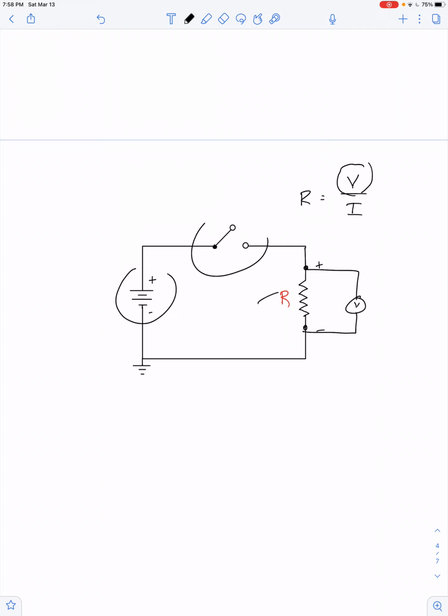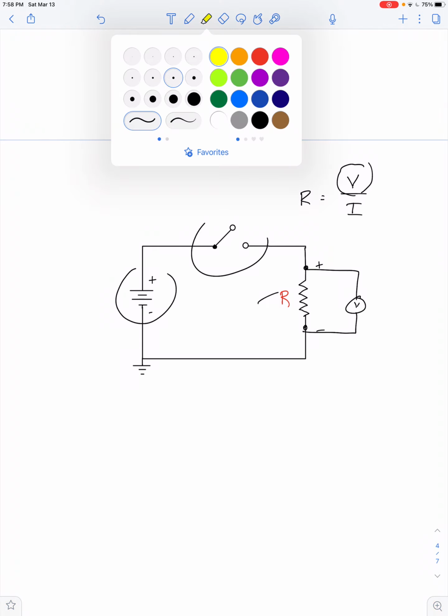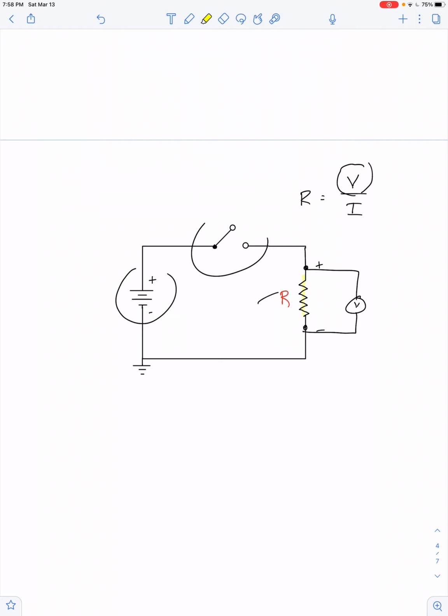If I want to know the current that flows through the resistor, well, that's the same as asking what's the amount of current that flows. The current that flows through the resistor is also the current that flows through this segment of wire, is also the current that flows through this segment of wire. It's also the current that flows through the battery. It's the same as the current that flows through the switch, right? There's only one amount of current that flows through the whole loop. So I can break the circuit open anywhere.